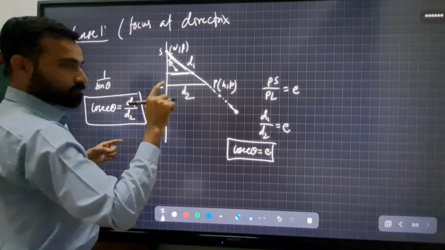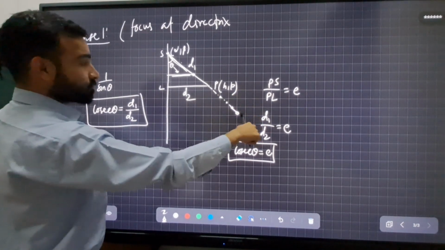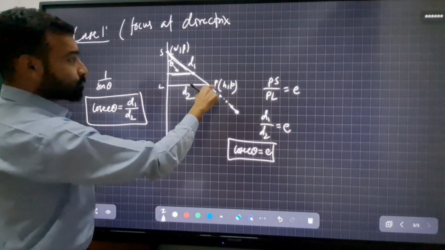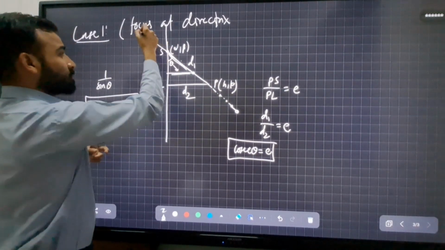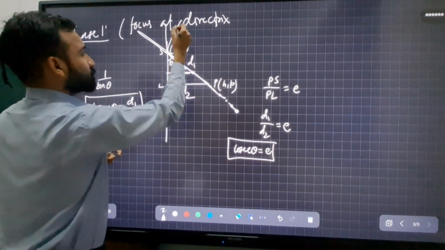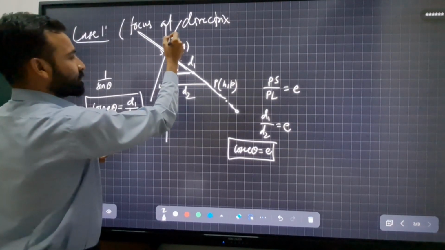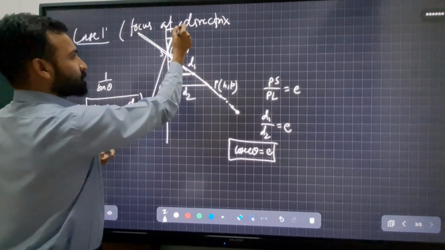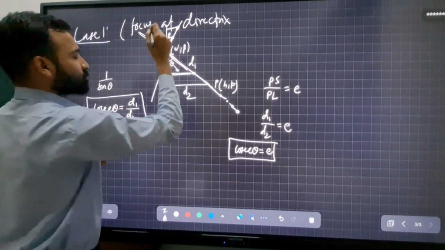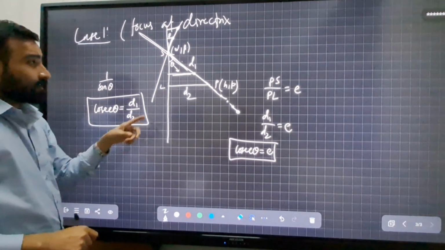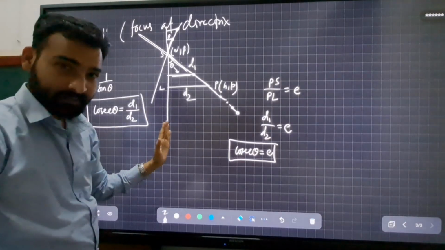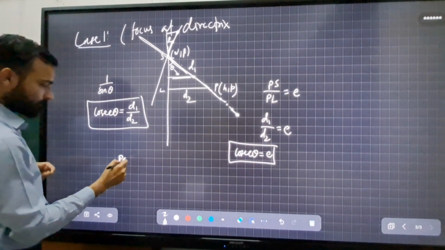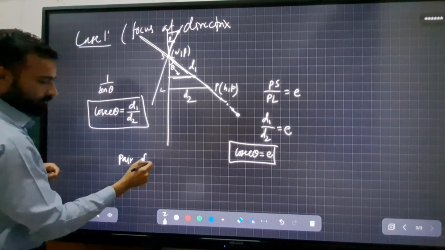That means there are two possible values of theta. d1 by d2 is constant, that means there are two possible positions of this point P. This point P can lie either here, on this line, or here also, and this is also one of the possibilities. This distance and this distance also will be constant, right? This angle is also theta. That means if the focus is lying on the directrix, then we will get the conic as a pair of straight lines.